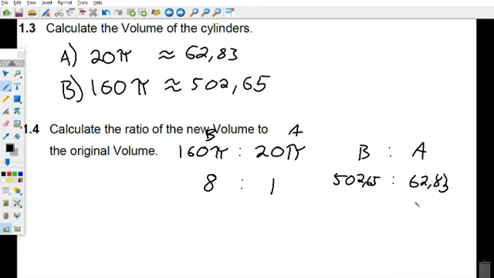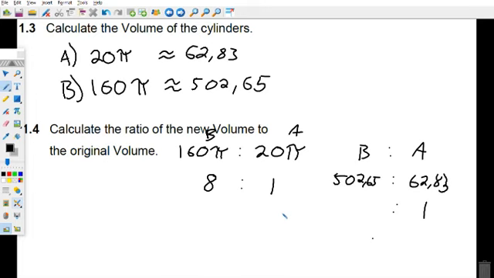So it's going to be 1 is to what? Is it going to be exactly 8? 502.65 divided by 62.83 gives us 8.000159116.